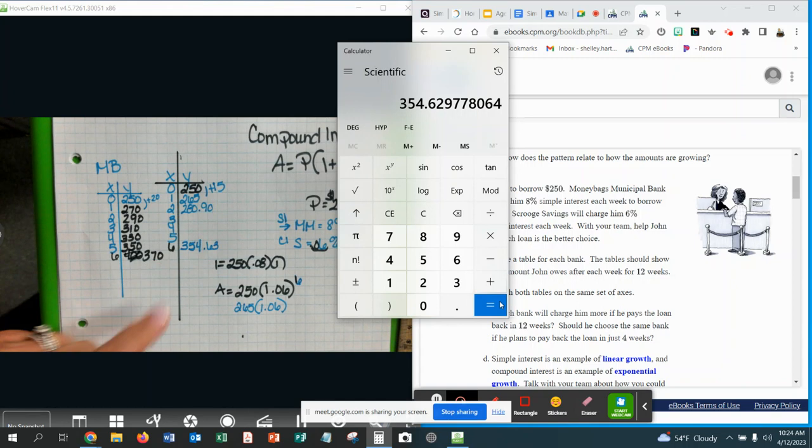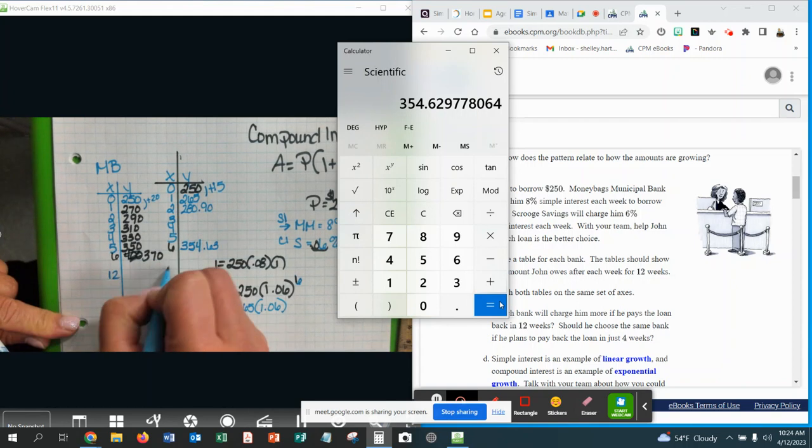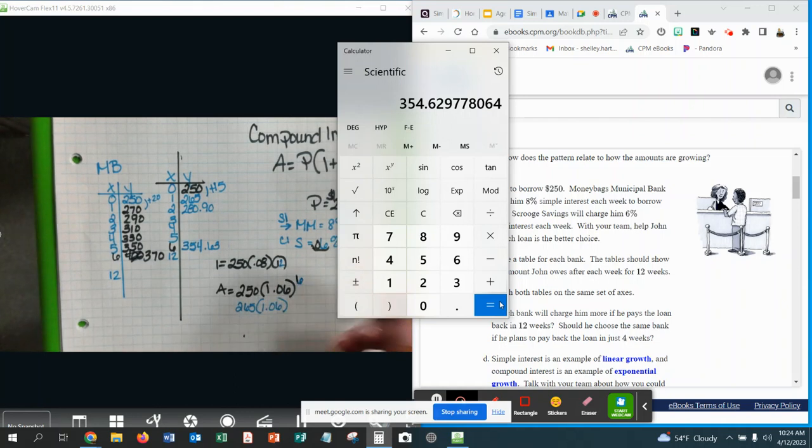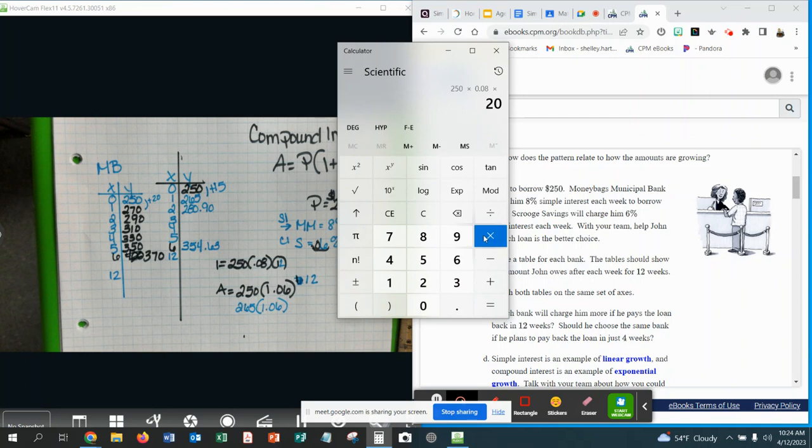It's still pretty small. Now let's try both of these with week 12, because all we need to do is plug each one of them in with the number 12. We'll modify this to 12. So let's do this one. 250 times 0.08 times 12 equals 240.